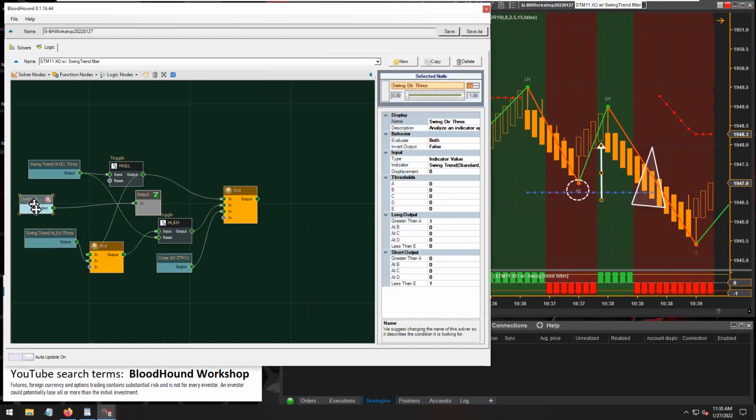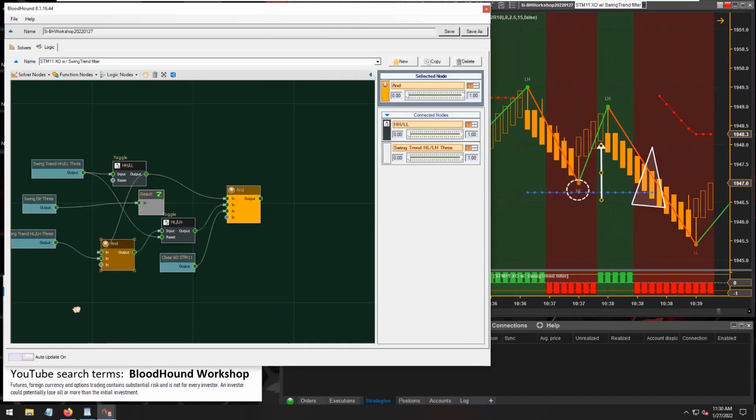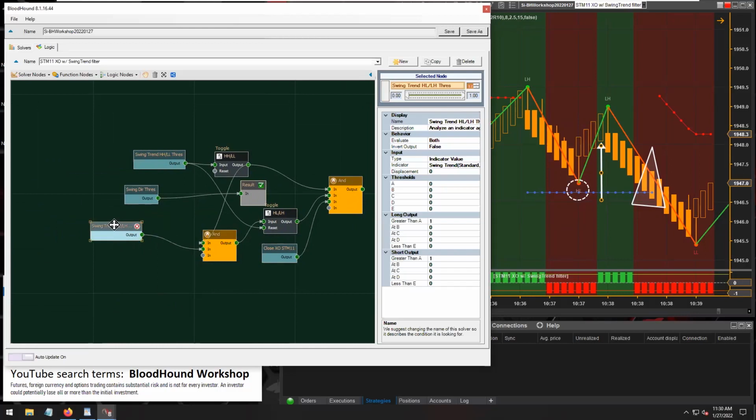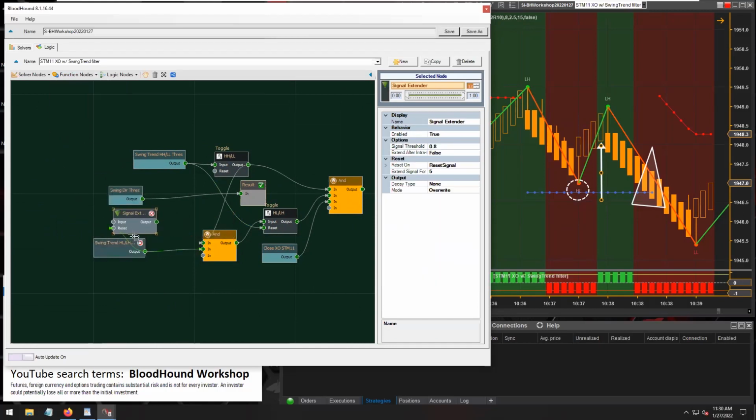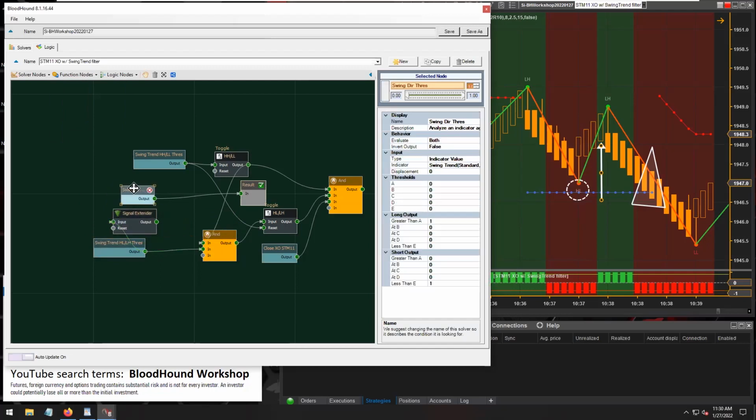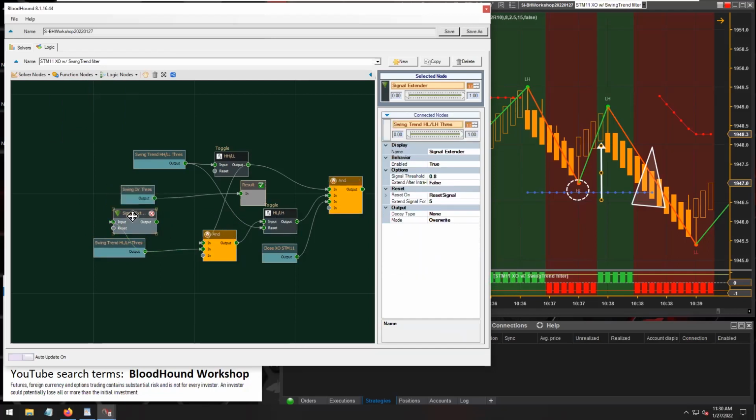All right, so what do we need here? We're going to need some more solvers. I'm going to need a signal extender, and with the signal extender, I need to extend for 3 bars.